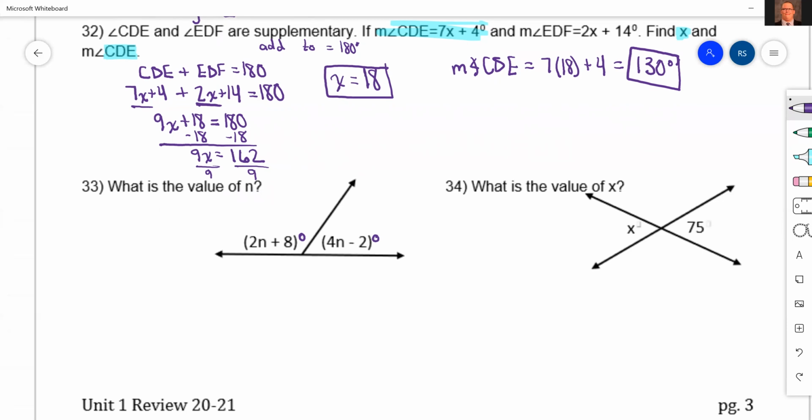What's this bottom make down here? A line. And what's the line equal to? 180 degrees. Which means, since they equal 180, these are supplementary.